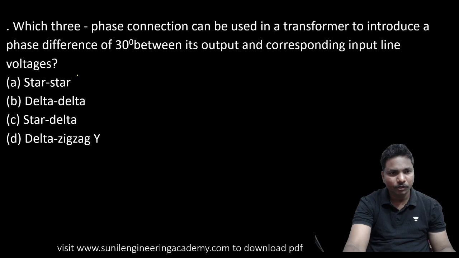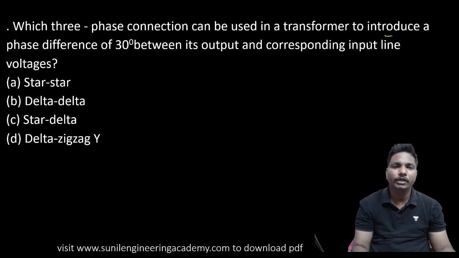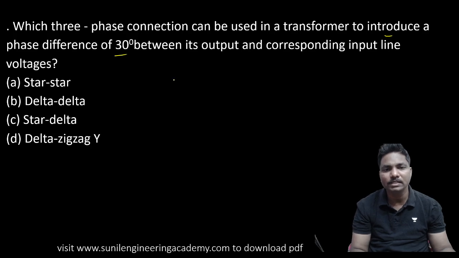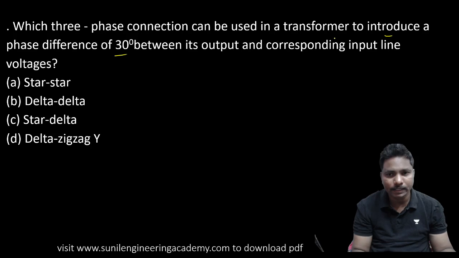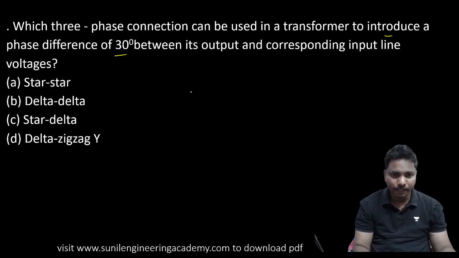Okay. Coming to the next one. Which three-phase connection can be used in a transformer to introduce a phase difference of 30 degrees between its input and output voltages? If you are going to connect transformers in parallel, they must have the same phasor group.